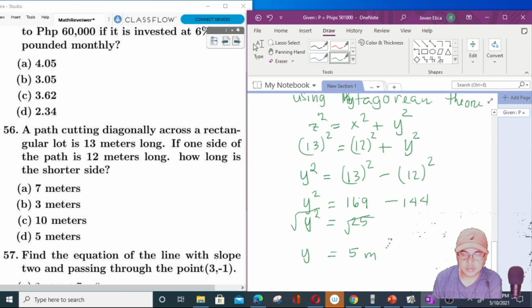Why meters? Because the other meters will be cancelled out, because this one is actually the square root of 25 meters squared. 25 multiplied by square root of m squared. The square root of 25 is 5, and this cancels out, that's why this is 5 meters now.